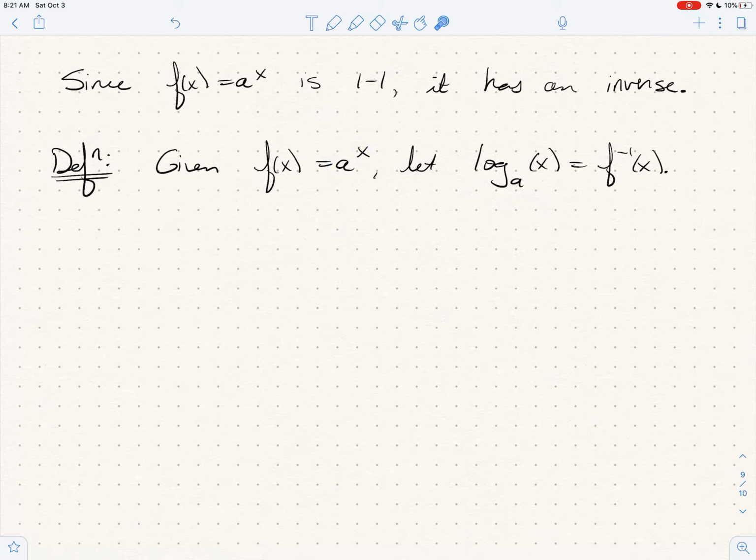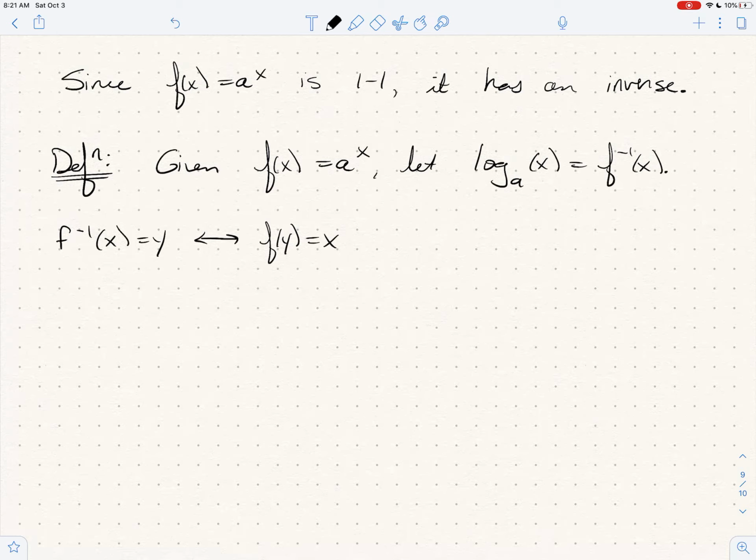I like to put the subscript a to mark it as the inverse of this specific a to the x. Let's keep in mind, f inverse of x equals y if and only if f sends y to x.